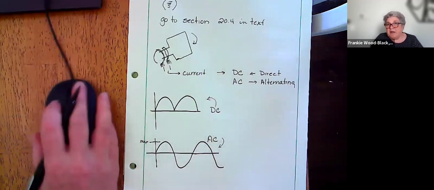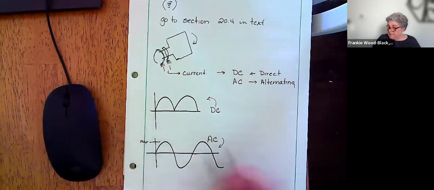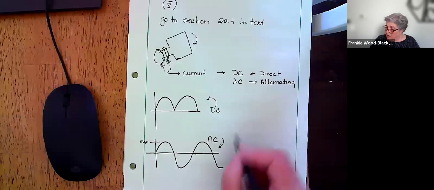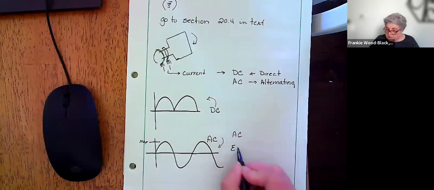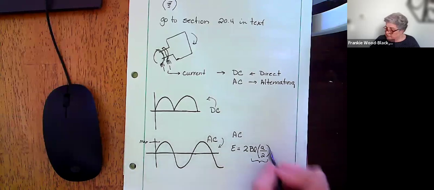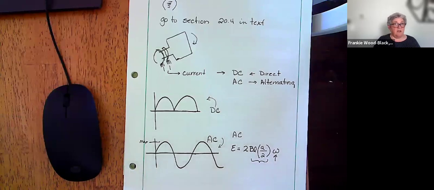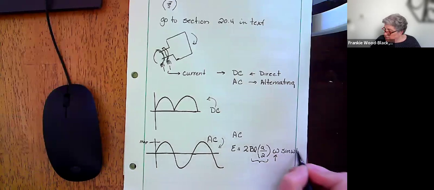It doesn't matter how we have that, we get that maximum. And if I'm looking at alternating current, there's my EMF. It's going to be 2 times BL A over 2, because this is my area, right? That's my area. And I'm going to have my angular frequency that this is working around, sine omega t.